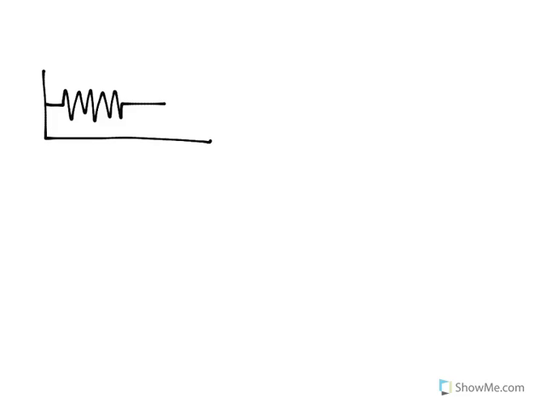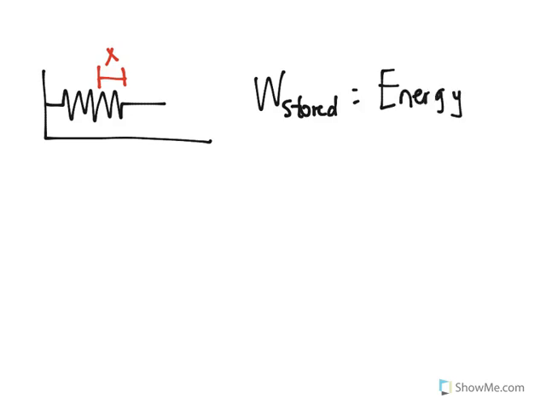If we have the system and we deflect this system from its equilibrium position, then we will have some work. Work which is stored is going to be called energy. It's a potential to perform a work.